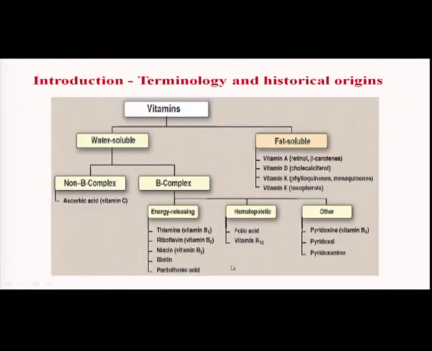These two vitamins, folic acid and vitamin B12, are extremely essential for healthy RBCs. Deficiency of vitamin B12 or folic acid would directly lead to anemia. So I would say these two vitamins are always useful in restoring the anemic status.